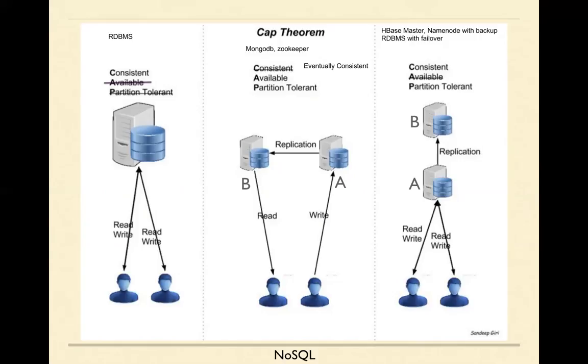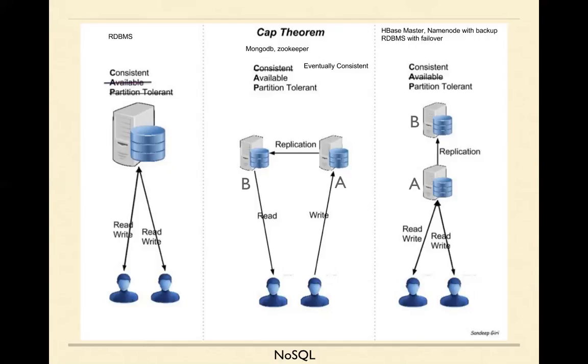They can't tolerate the partition. Partition means the network partitioning. Second is availability. It's not highly available, because only one machine is catering to both readers and writers. Therefore, the availability of such a system is very low.